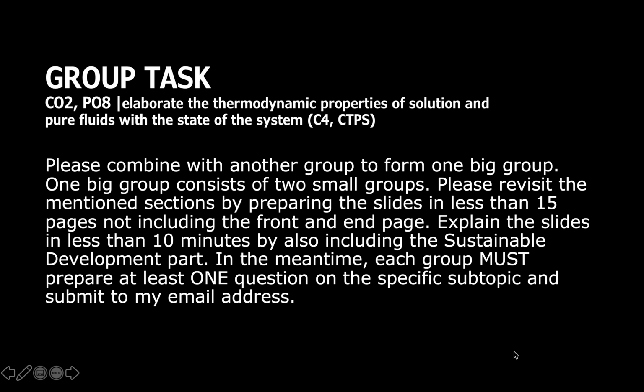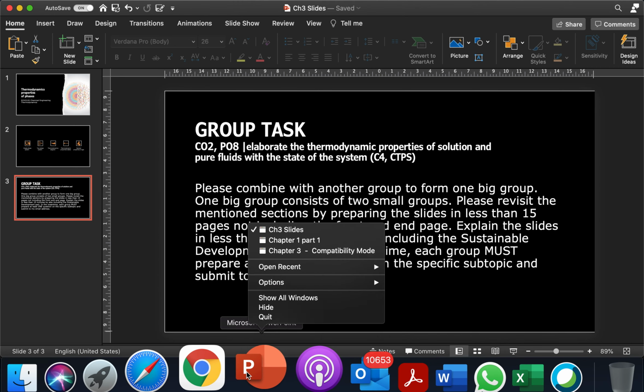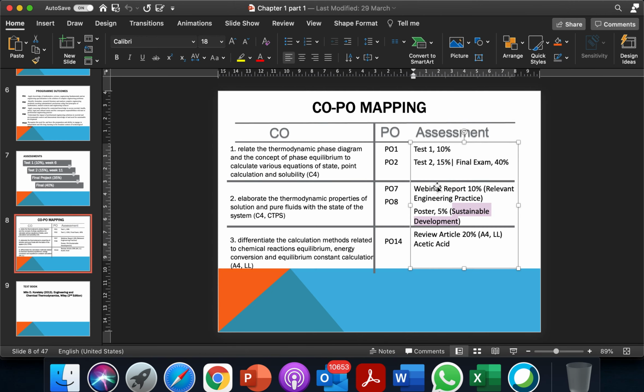All the best for your next task, and before I forget, this task will be included in the total marks of all the tasks, under CO2 and PO8. This one I have to revise to 10%, and this one I have decided to reduce to 15% because, based on the previous year's assignment, they could not do well in the review article.